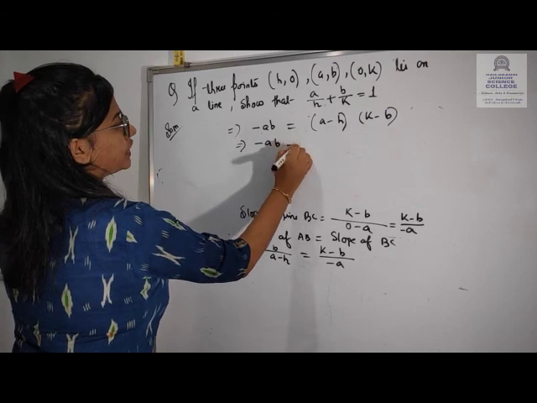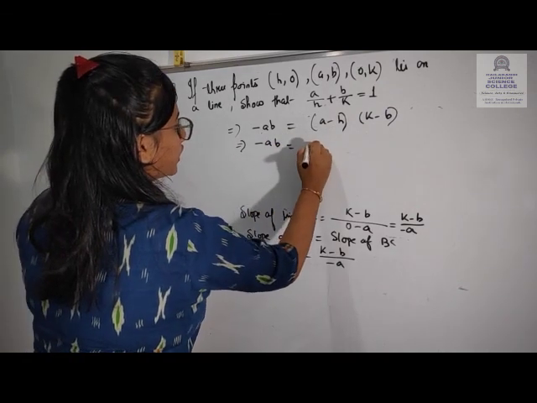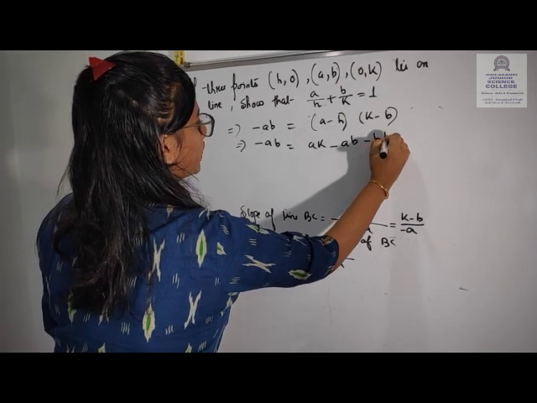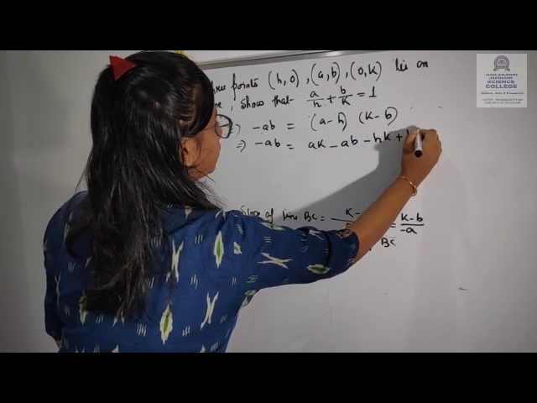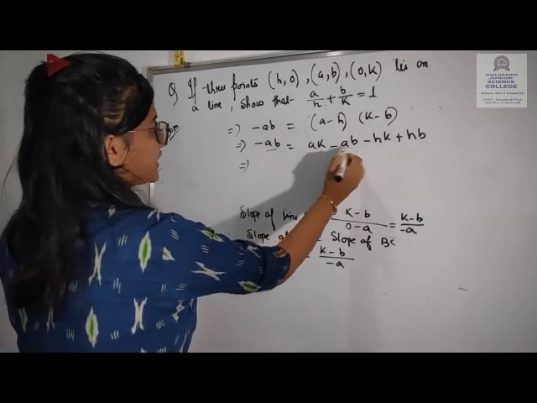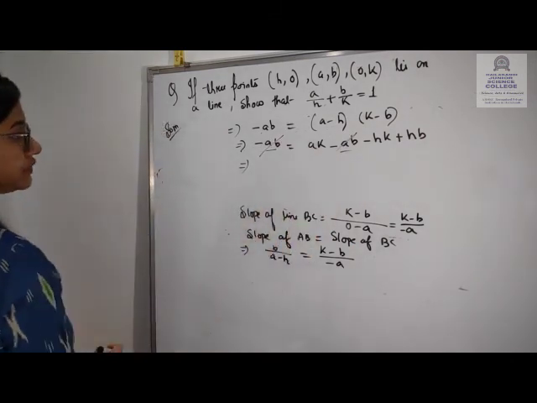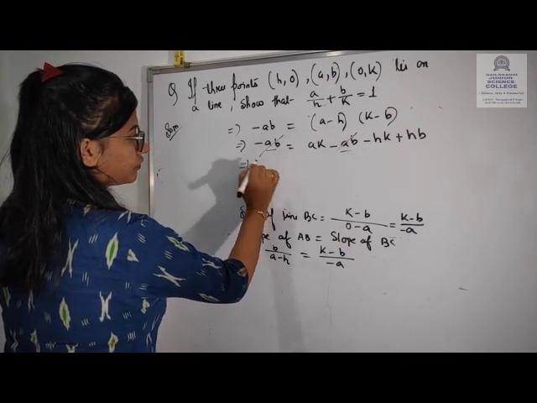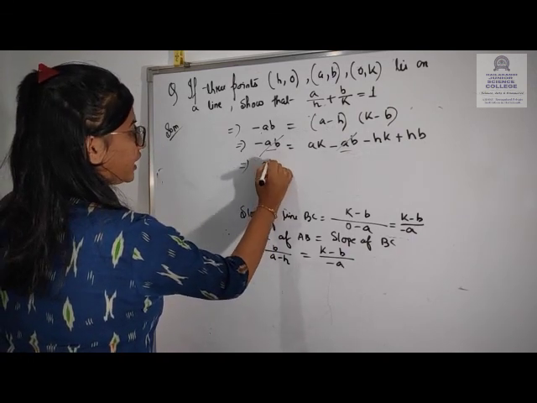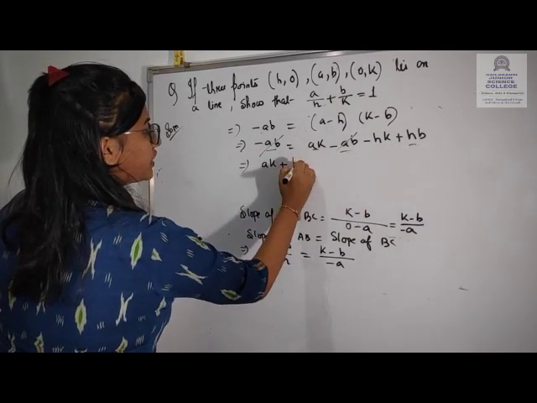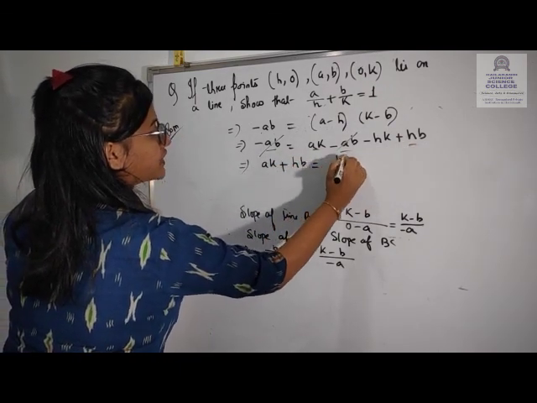Minus ab is equal to ak minus ab minus hk plus hb. Now this is minus ab, this is minus ab, these get cancelled. So ak plus hb is equal to hk.